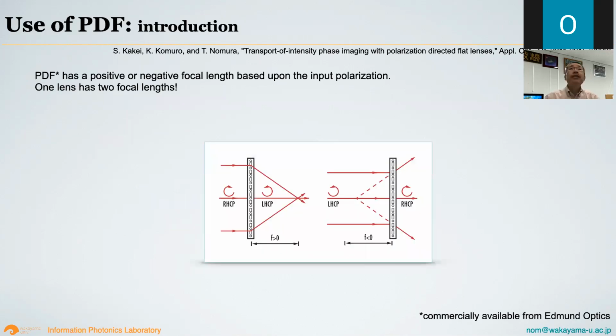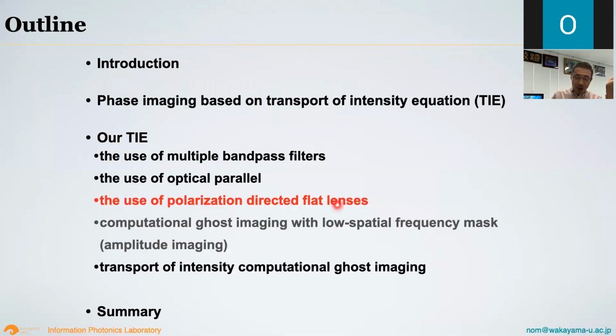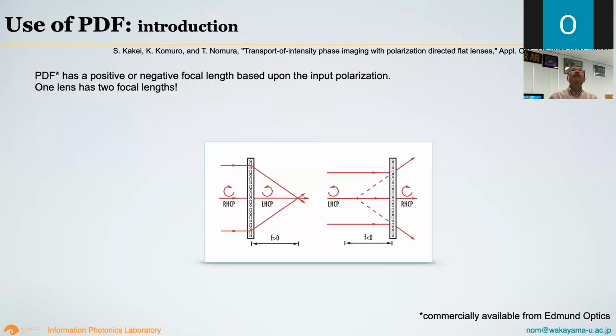Okay, this is the third one. In the previous one, we used an optical parallel. In this case, we use polarization directed flat lenses, PDF. A PDF lens has a positive or negative focal length based on the input polarization.